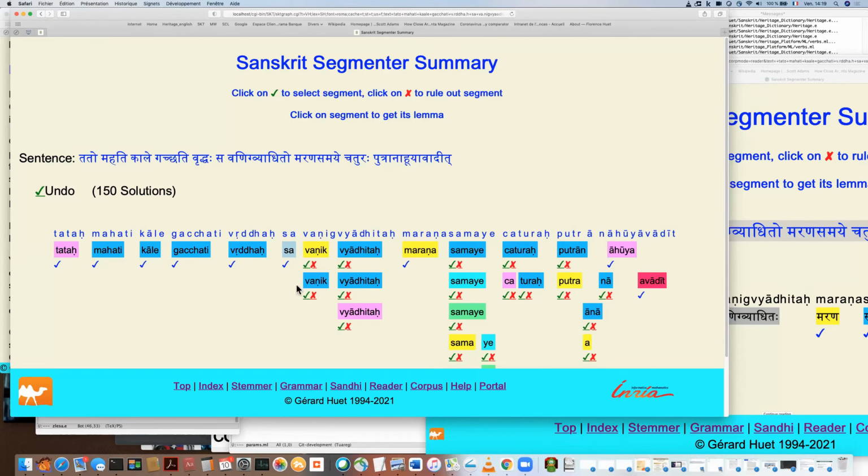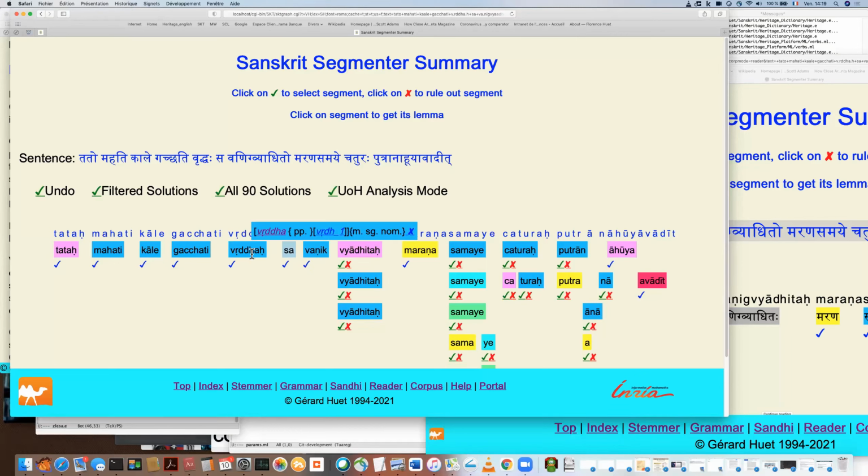Sa Vanik, this merchant, Vriddhaha, this is again Pratama, so it's Visheshana of Visheshya, Vanik. This merchant, Vriddha, became old.